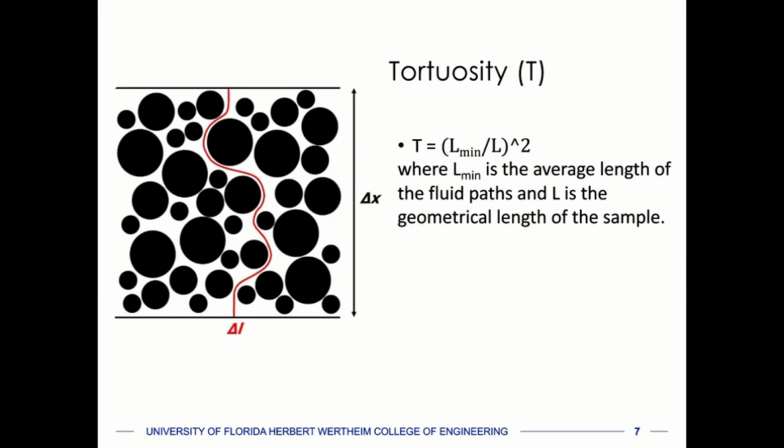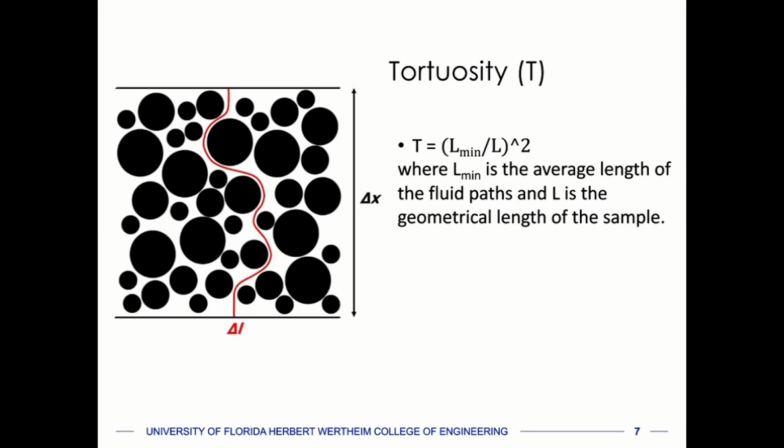And next, I would like to talk about the tortuosity. With the picture on the left-hand side, if we take a square of the area as an example and zoom in, we can see the structure of the porosity.